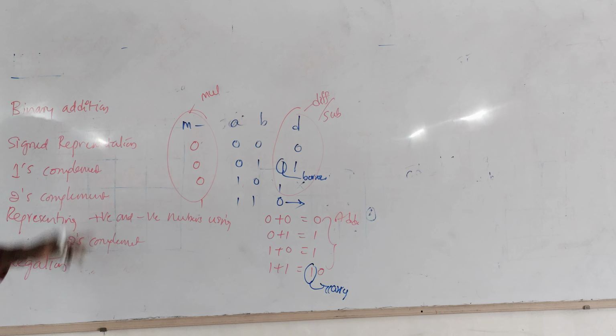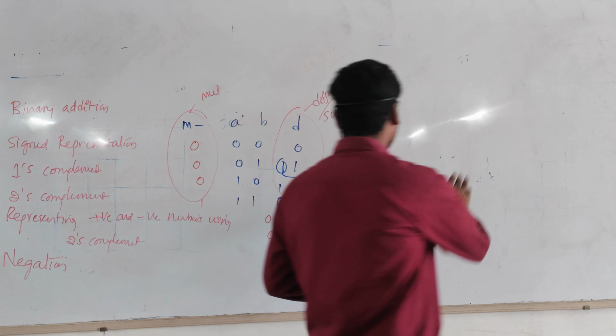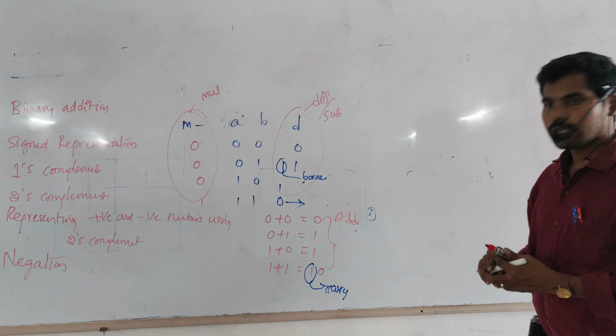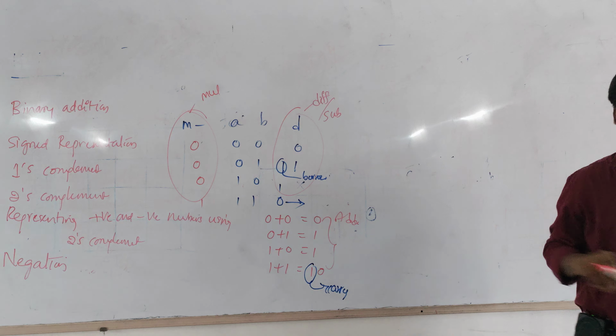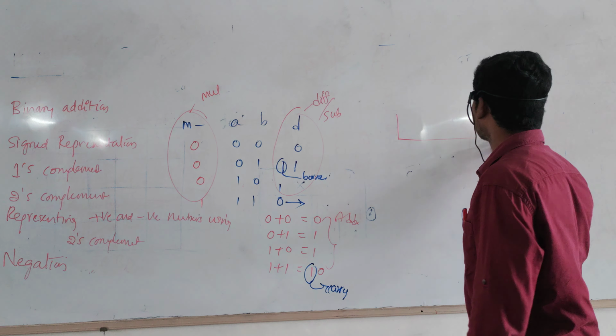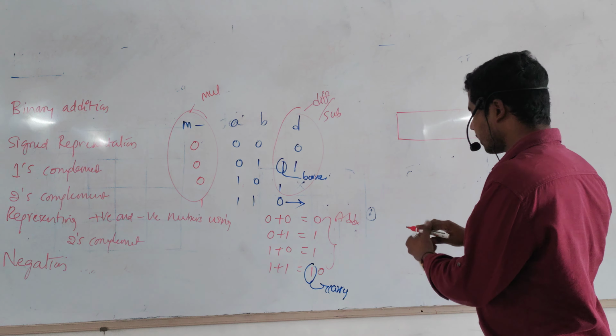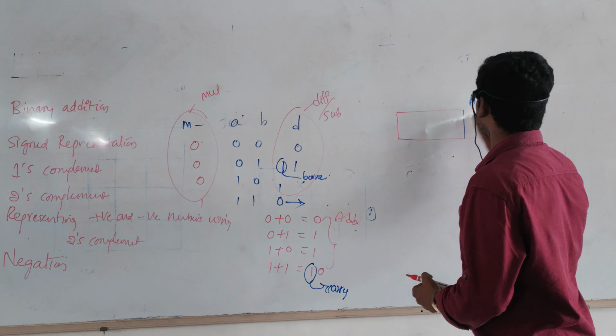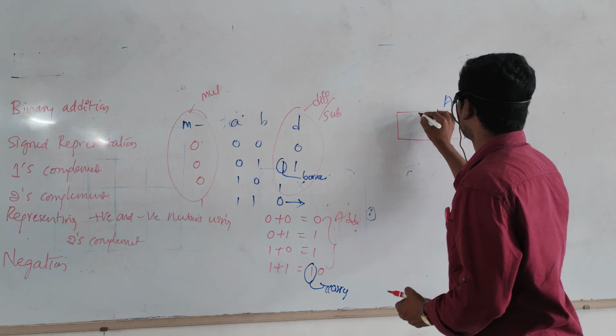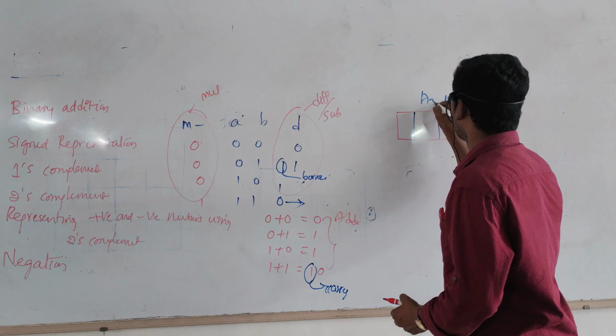Next, if you want to represent any number in the form of binary values, it is very important to represent whether the number is negative or positive. Let the bits be A0, A1, A2, A3.